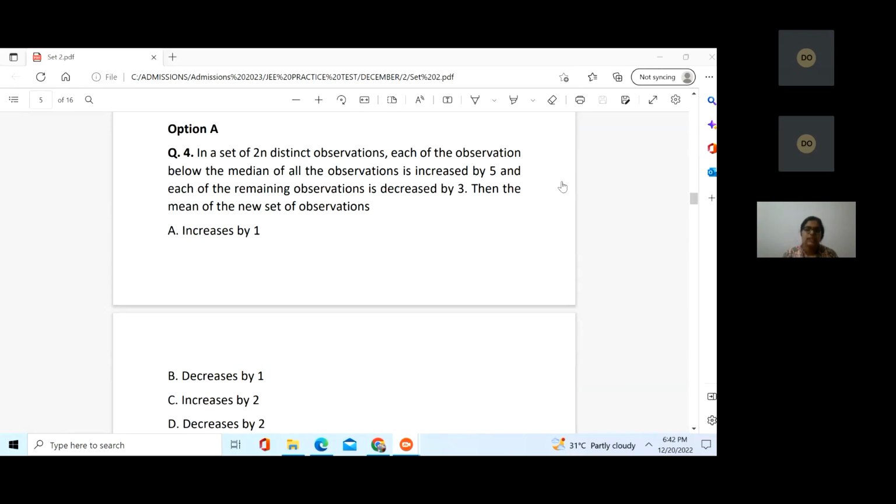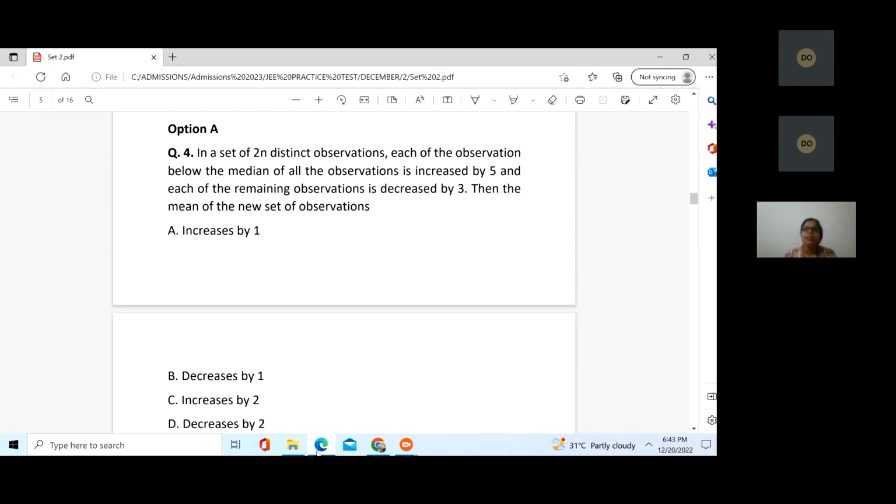Then we will start discussing which method we can use to solve the question. There are 2n distinct observations, and all the observations below the median are increased by 5, and all the remaining are decreased by 3. And I want to find out the mean of the new set of observations. So you need to start by thinking, what are the 2n observations? How will I write them? How will I derive the median?